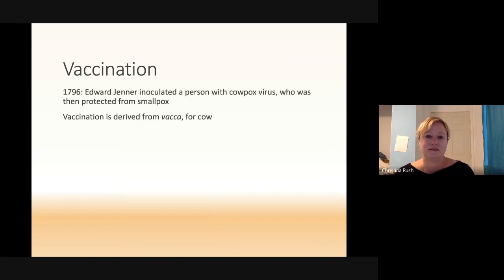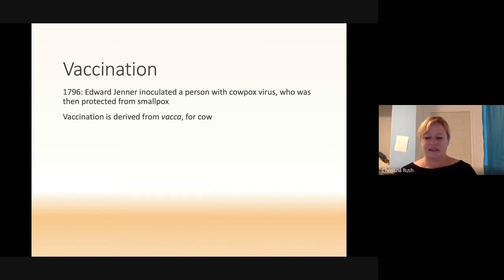In 1976 was the last case of smallpox on the planet. And that case, I want to say, was the last natural case. And I believe it was in India. There were two other people that caught it in 1978 and I think in 79, and they were people who were handling it in the lab.